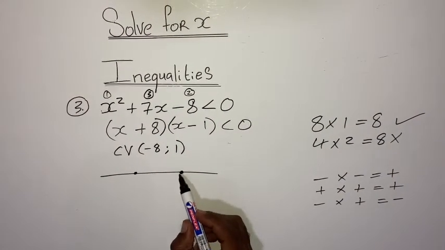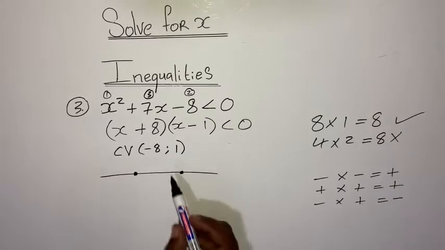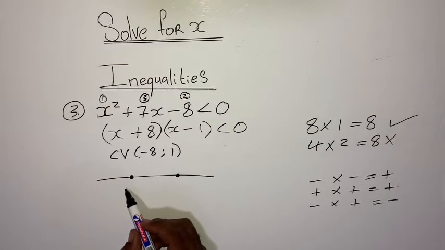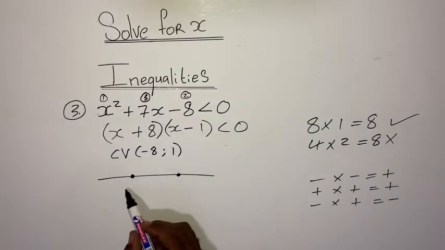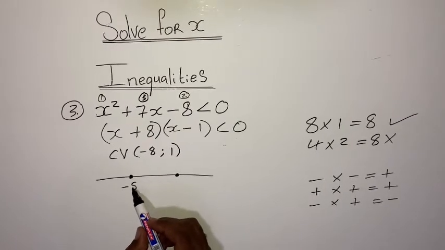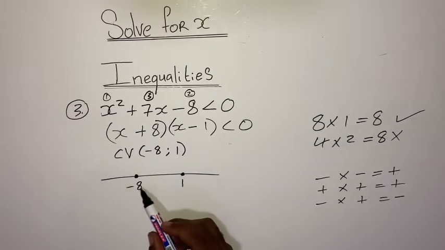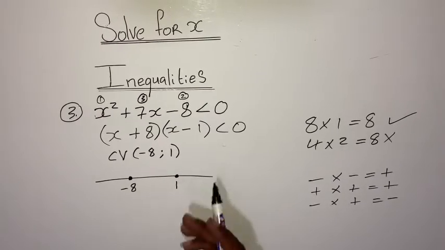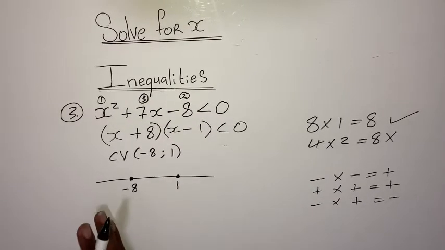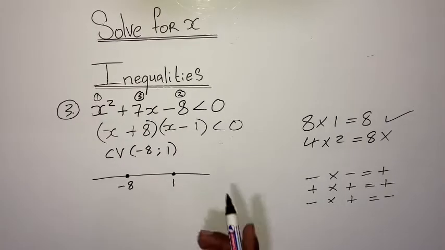And remember that on your number line, you forever have to write the lesser number on your left, which is a negative 8, then a 1. For a negative 8 is lesser than a 1. So on your left, you forever start with a lesser number. Then the other one you write on your right.